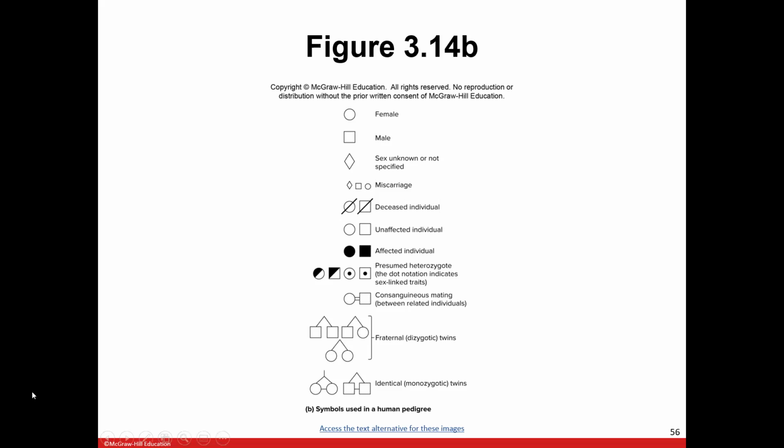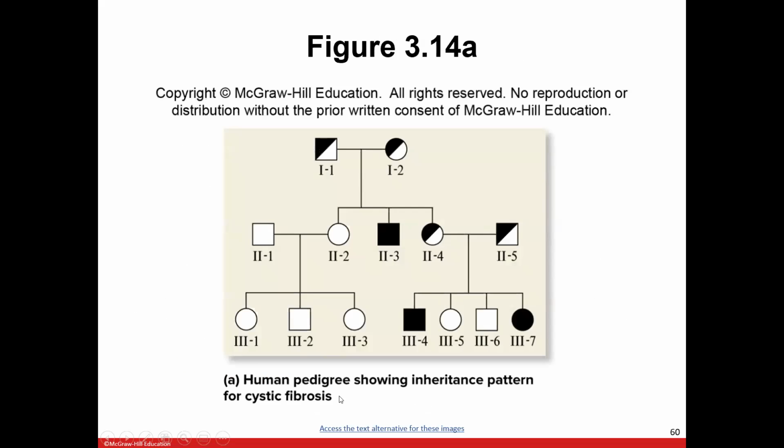It doesn't happen commonly, but sometimes you see a double line, which is mating between related individuals. And another rare thing is you could see this upward arrow V shape, which shows twins as opposed to a straight line. If these two had been twins, it would have been a V shape.